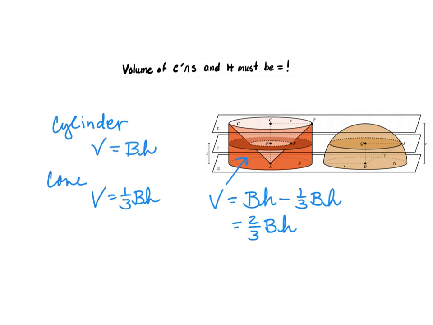So looking at this, I know that the volume of this part here has to be equal to the volume of my half sphere. But the height here is r. And the area of my base is pi r squared.